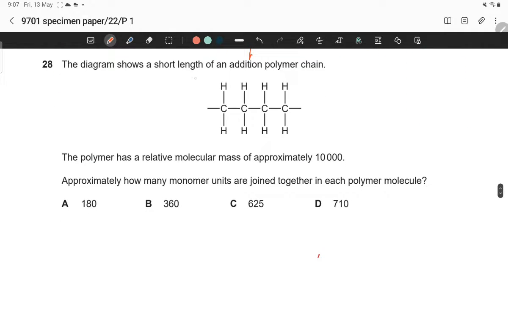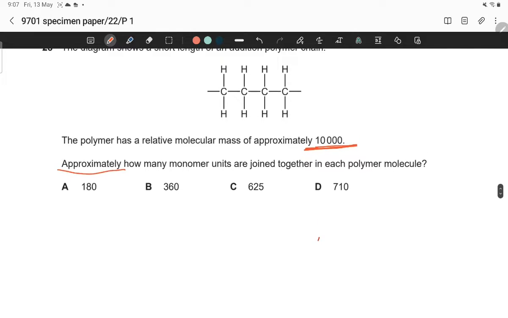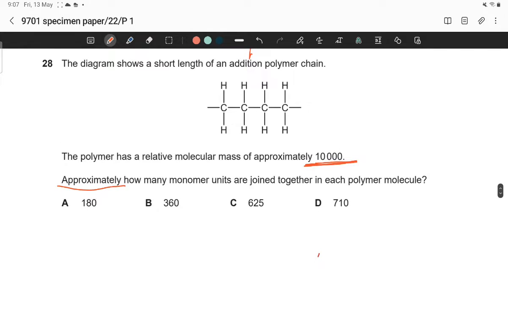The diagram shows a short length of an addition polymer chain. The polymer has a relative molecular mass of approximately 10,000. Approximately how many monomer units are joined together in polymer molecules?